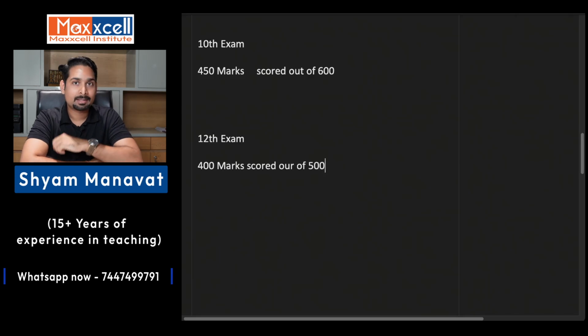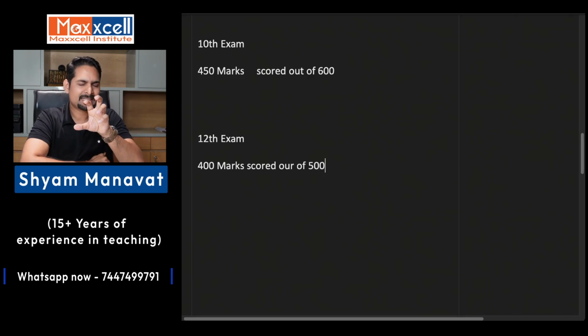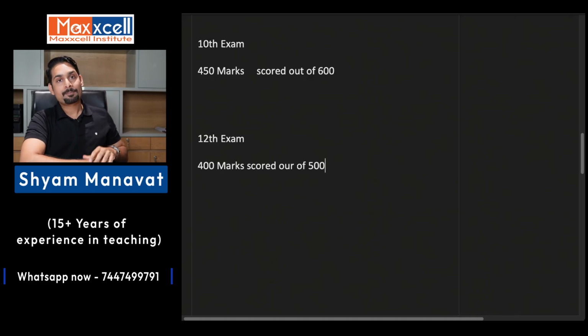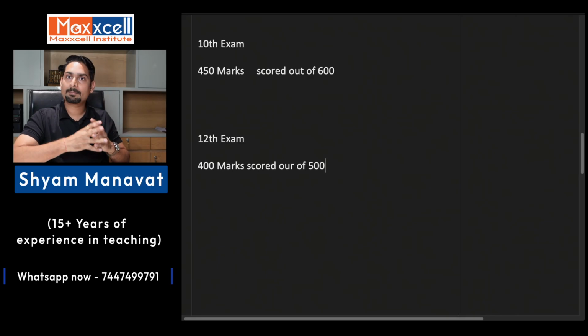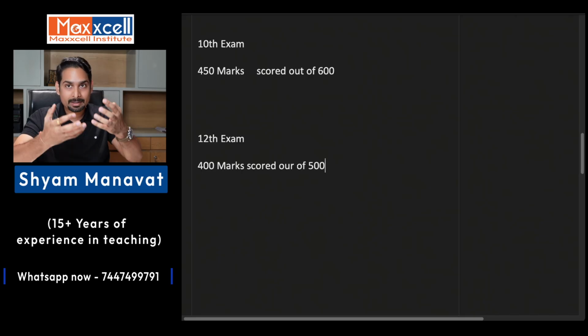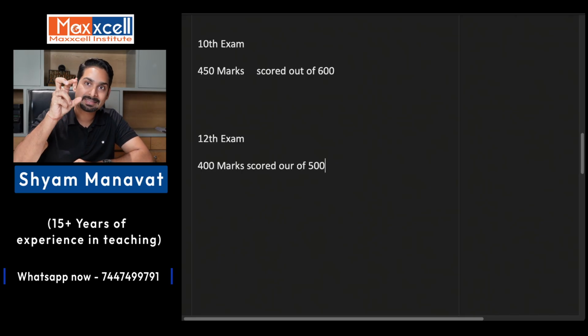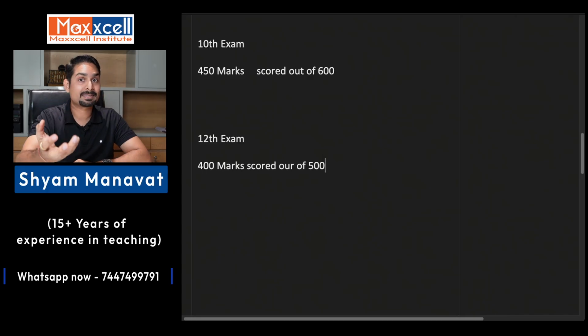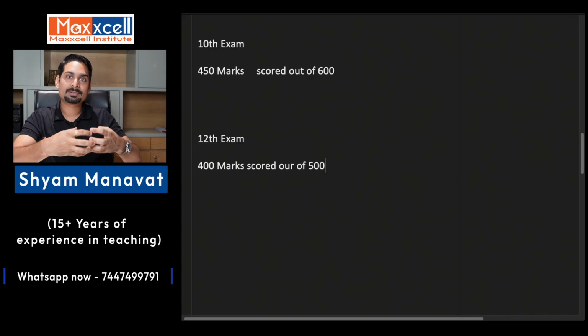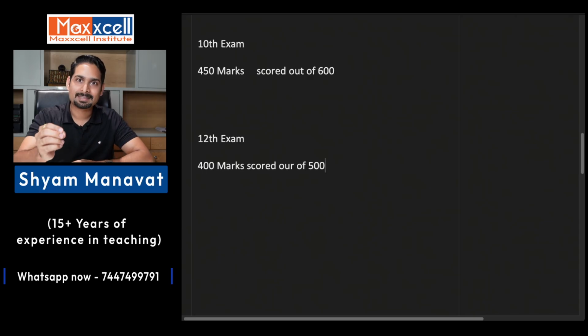Now I hope you get some idea of which exam you performed better in. But still, to make it simpler for comparison, it will be better if we have both these marks on the same scale. And to standardize we use the scale of 100. That's where percentage comes into the picture.